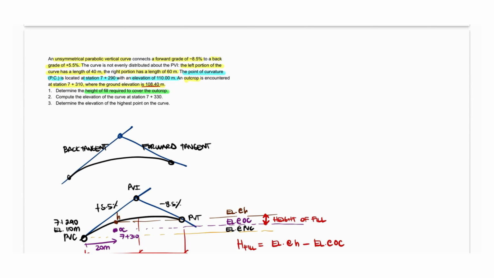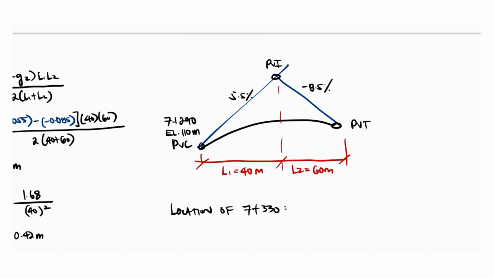Now, for the second requirement, we need to determine the elevation at station 7 plus 330. First, let's identify where this station lies along the curve. We subtract the station at the PVC from 7 plus 330, which gives us a distance of 40 meters. Referring to the illustration, this location corresponds exactly to the station of the PVI. Now, let's construct a triangle starting from the PVC.